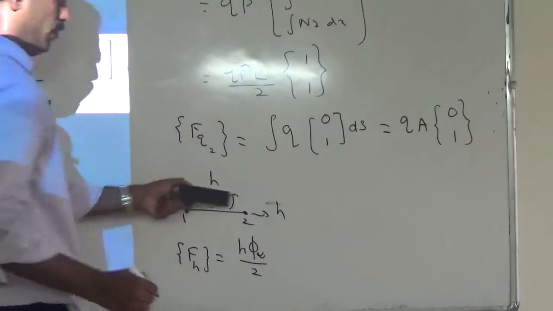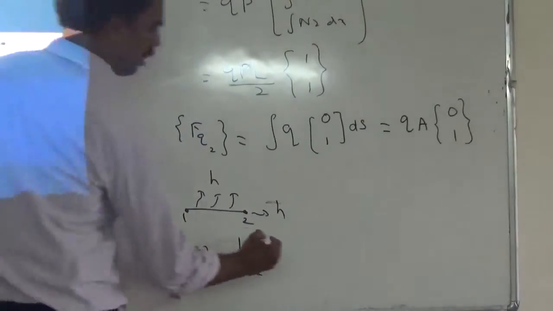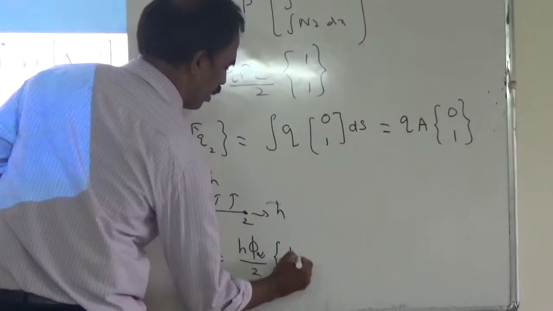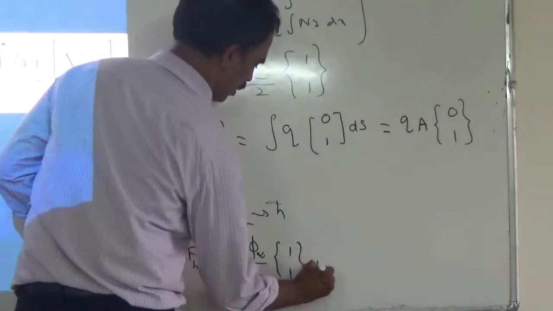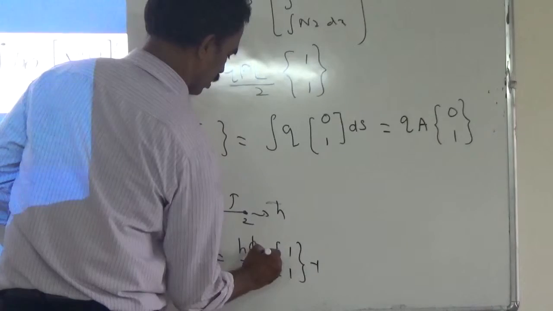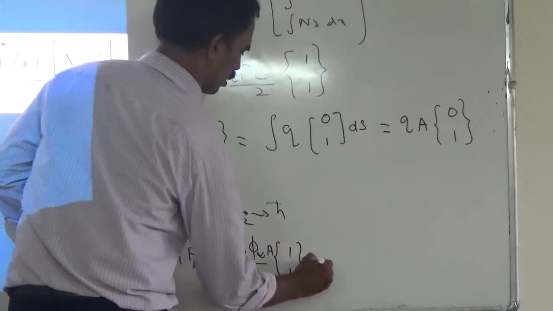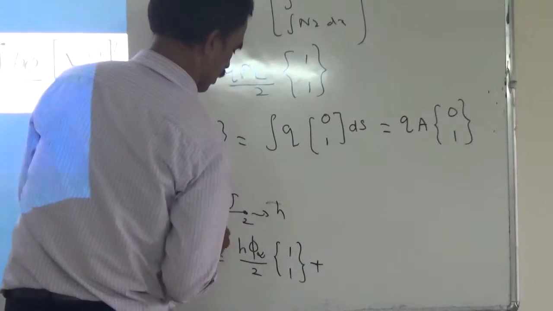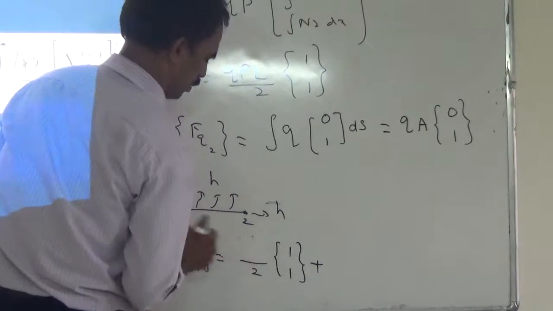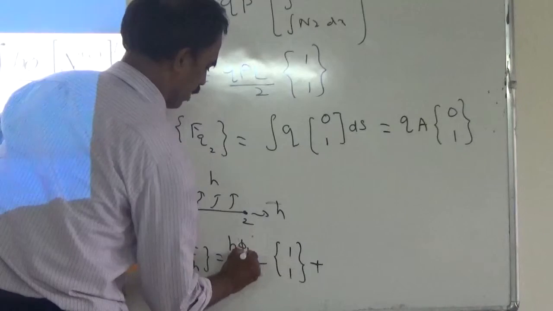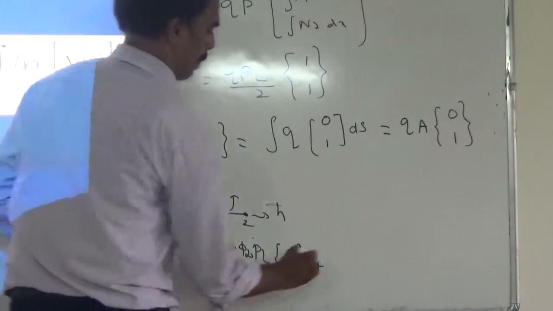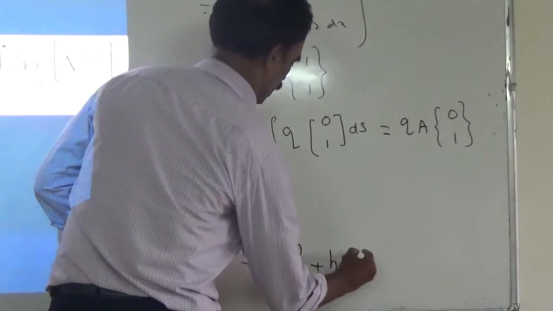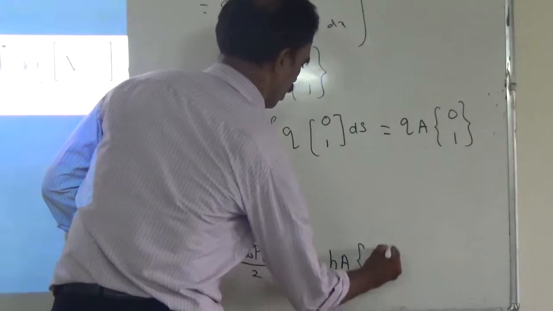That is, surface convection is represented by equivalent point load 1 1, plus end convection, H phi infinity A times 0 1.